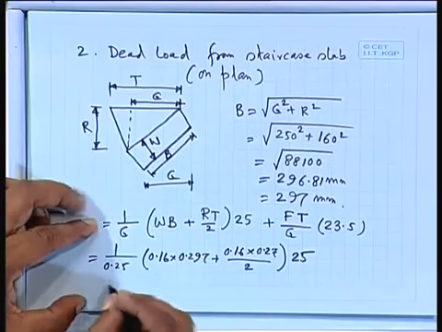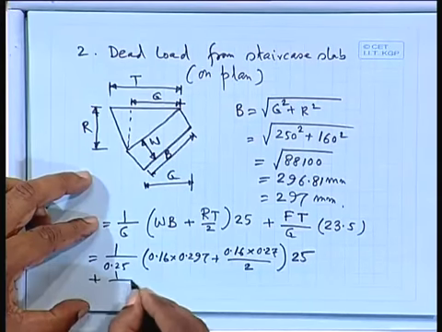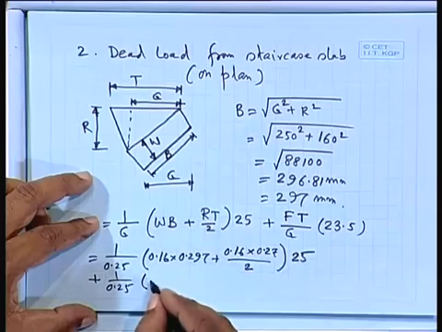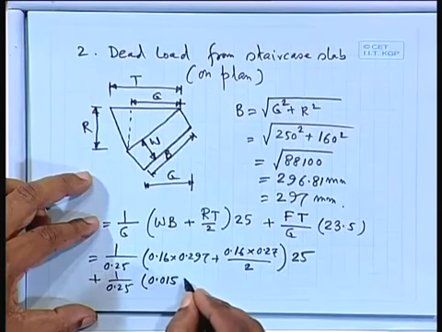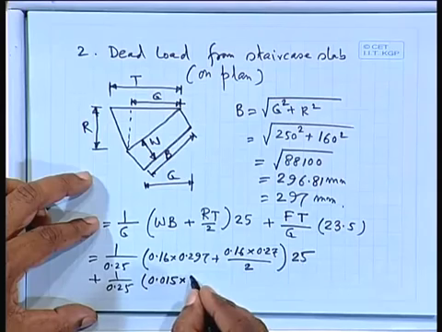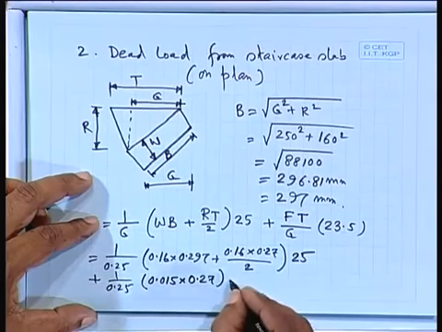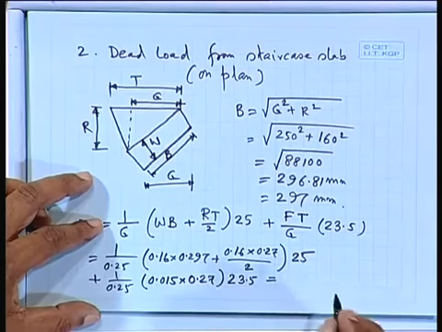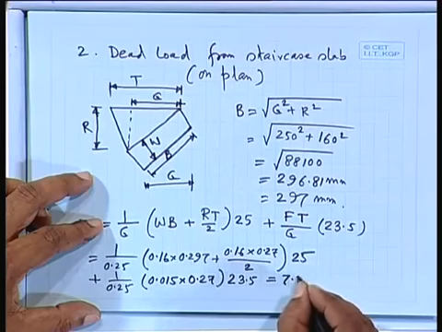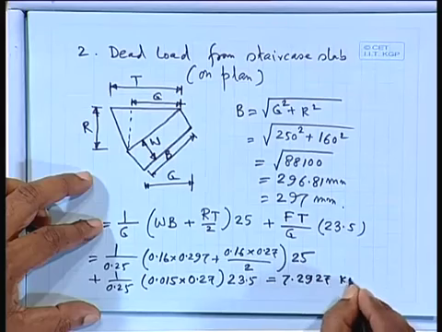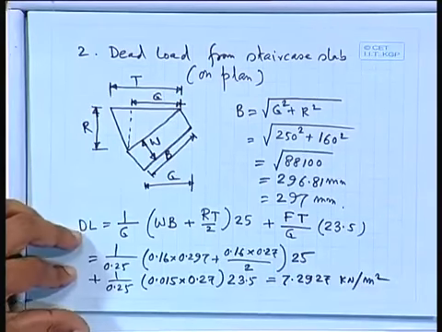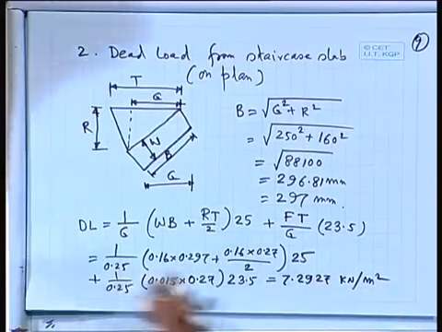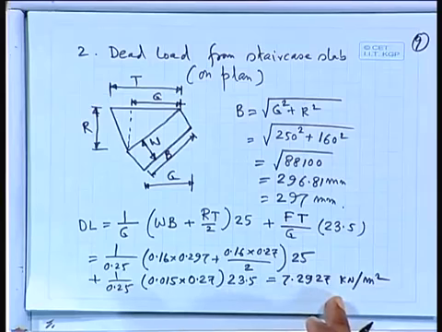So plus 1 by 0.25 times F, floor finish 0.015, 15 millimeter, times T 0.27, times 23.5, the unit weight, which comes as 7.2927 kilonewton per square meter. So this is the dead load we are getting, 7.2927 kilonewton per square meter.